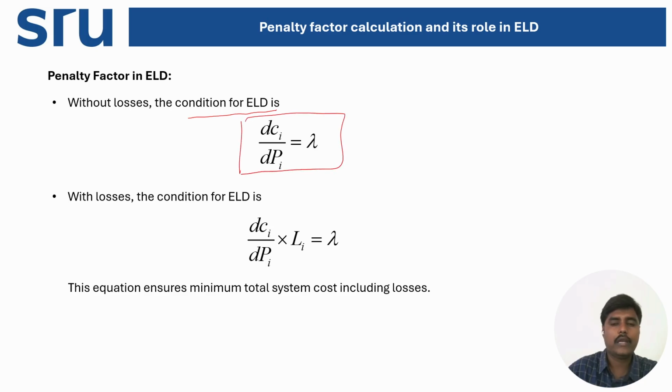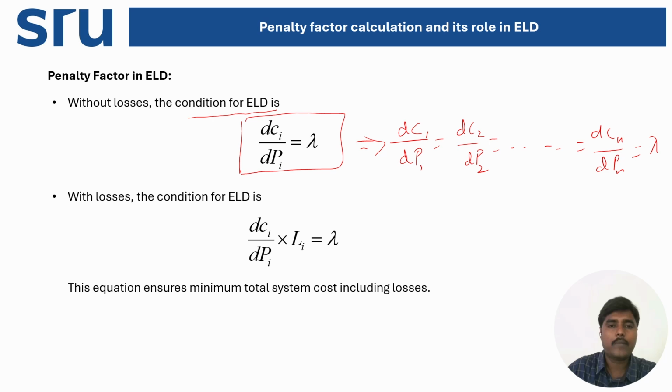is equal to lambda. When we expand this equation, we can write it as dC1/dP1 equal to dC2/dP2, and so on up to dCn/dPn, equal to lambda.